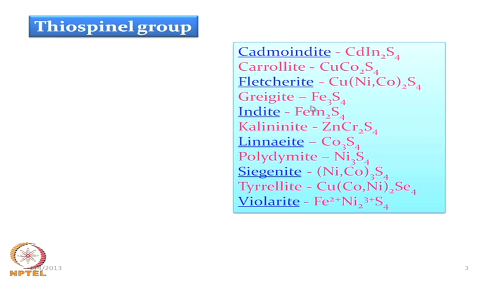The thiospinel is known as indite, and daubreelite is the zinc chromium one, linnaeite is the cobalt sulfur, polydymite is the nickel sulfur.